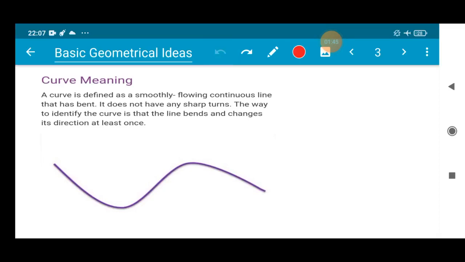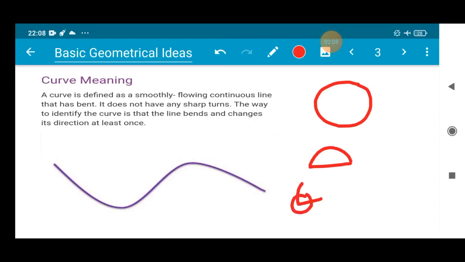It doesn't have any sharp turns. The way to identify the curve is that the line bends and changes direction at least once. So if I consider a circle or a semicircle, whichever you like, these are curves because here the lines are bending. Just see.